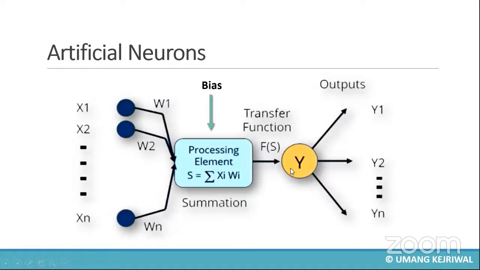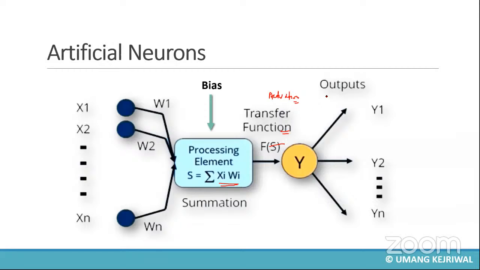So this is the complete diagram of a single neuron. All the inputs are coming and all the inputs have some weights. Then all the weights and inputs are multiplied and the sum is taken. After that we add the bias and this is applied to the transfer function, that is the activation function.